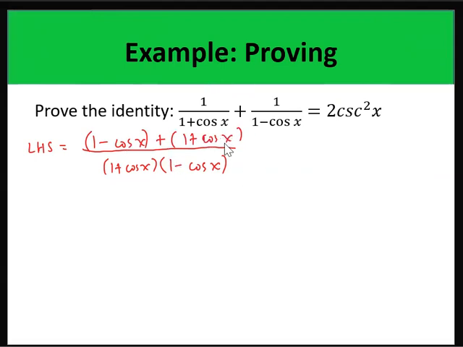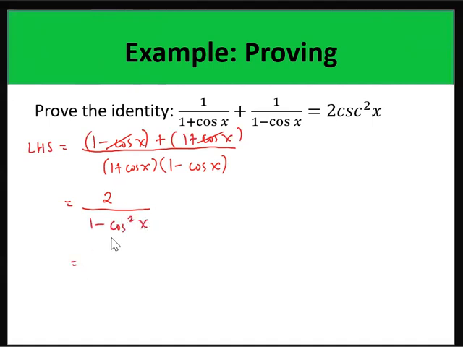Simplifying in the numerator, we have 1 plus 1, which is 2, and the negative cosine x and the positive cosine x cancel out. All over the product in the LCD, which will be 1 minus cosine square x.